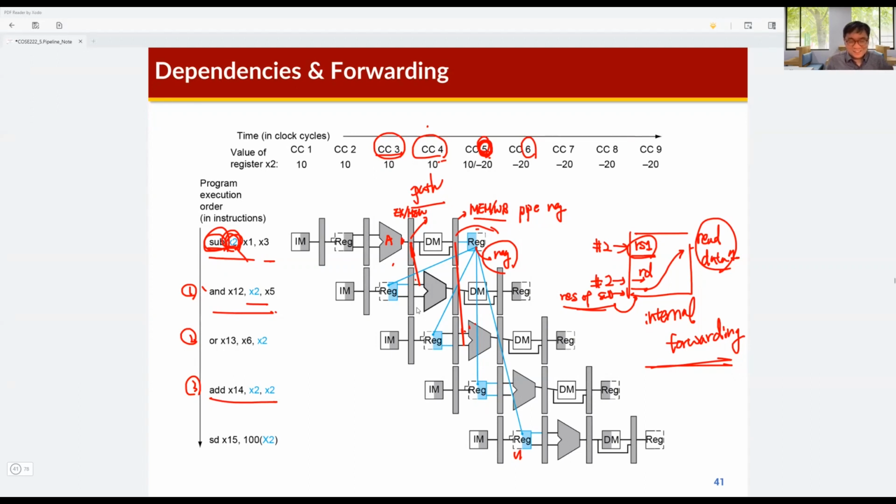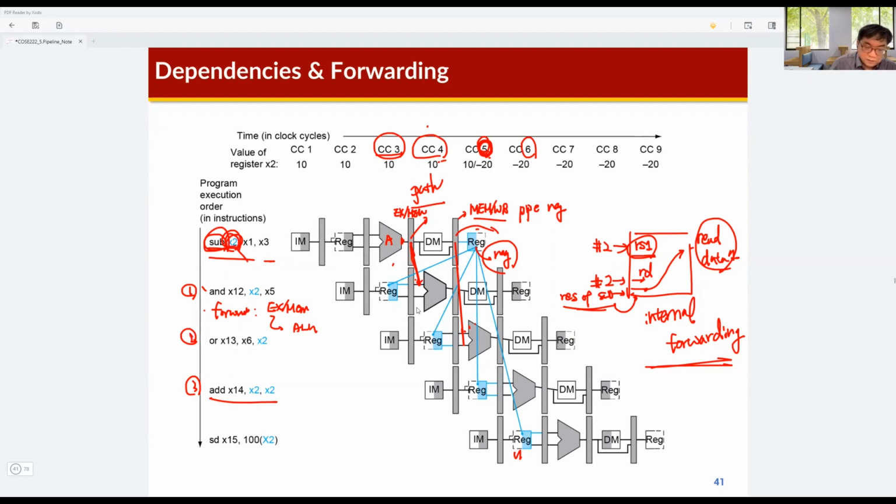Okay, but we can solve the data hazard for this very next instruction using data forwarding from the EX memory pipeline register to the ALU. So this figure, this forwarding path.